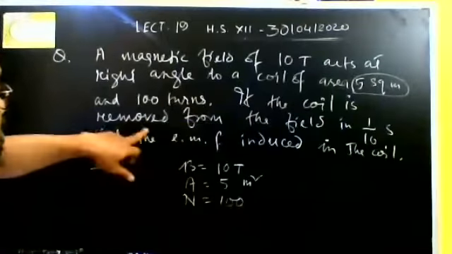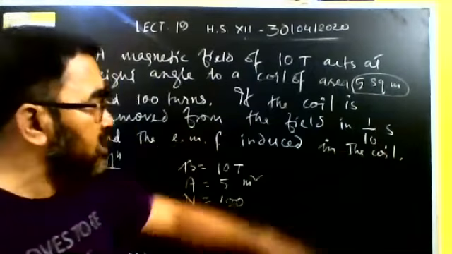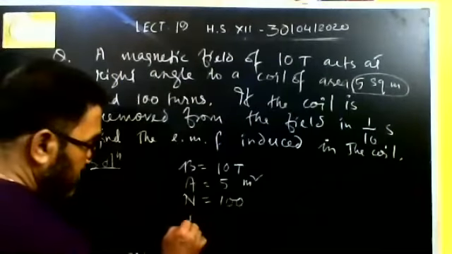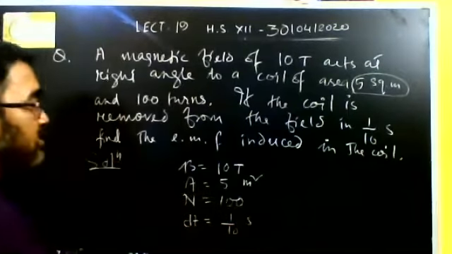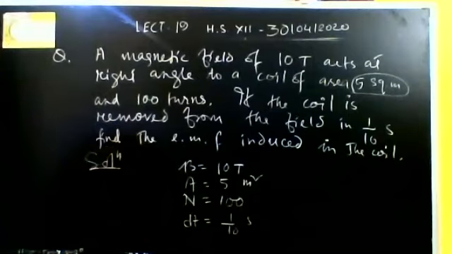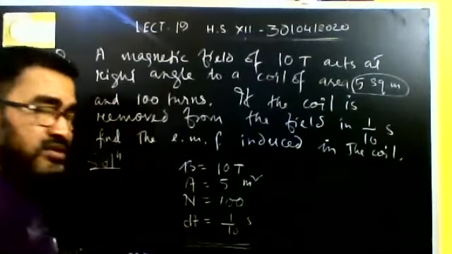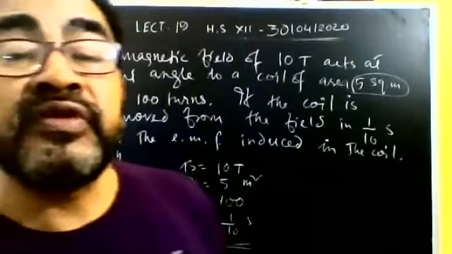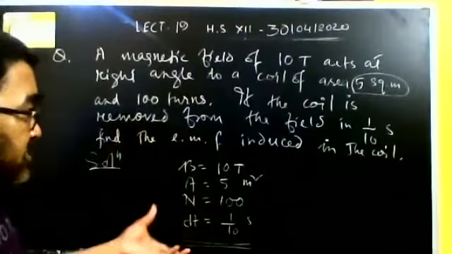If the coil is removed from the field in 1 by 10 second, that is dt, a very small amount of time, find the EMF induced in the coil. So we have to find out the EMF induced in the coil using this data.